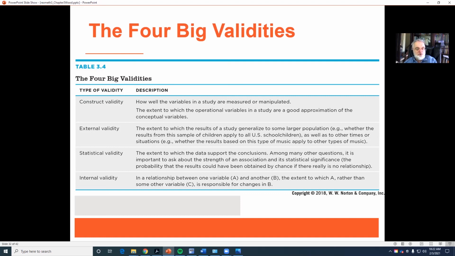Construct validity also talks about how well things are manipulated. So I guess the prime example we didn't talk about is that we have lots and lots of interventions to help people, say, lose weight or stop smoking or cut down on their drinking.